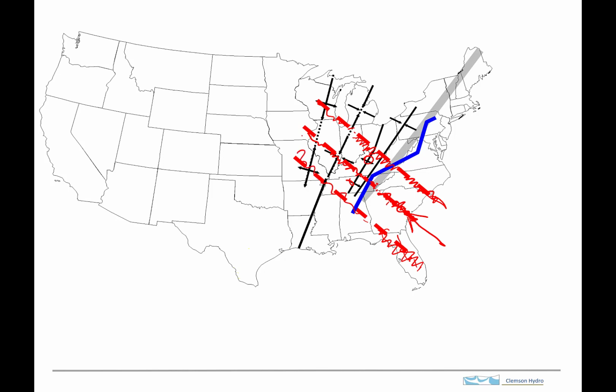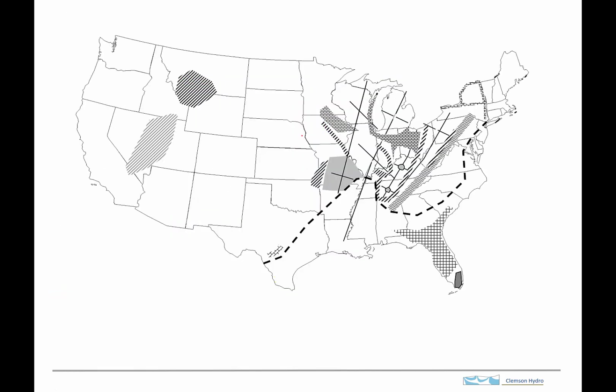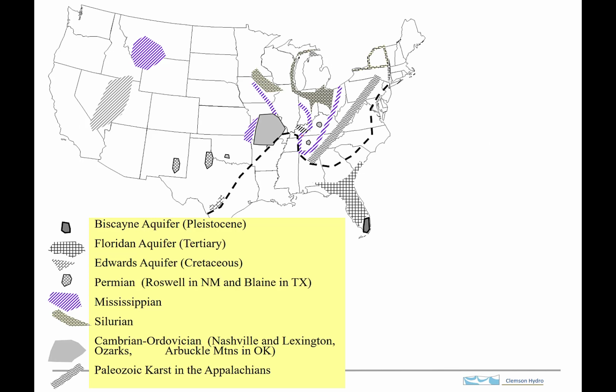Ozark Plateau. So I'm not really saying those are structural features per se, but it is kind of an alignment of features of relatively high and relatively low lying areas. So that helps put all of these features in context. And what we see then is that this is a map of the major karst aquifers in the U.S., just a simple stylized map.